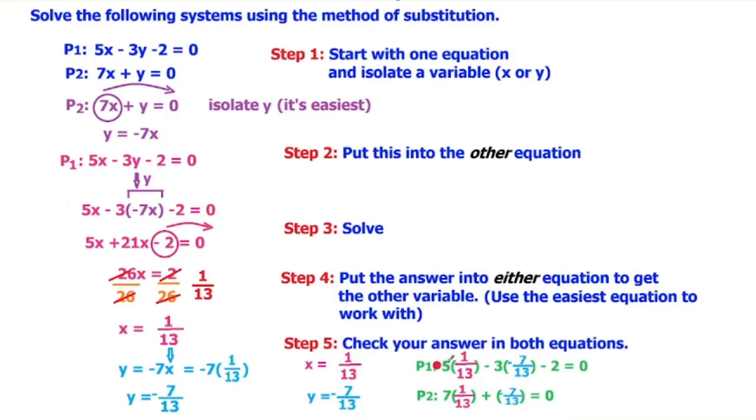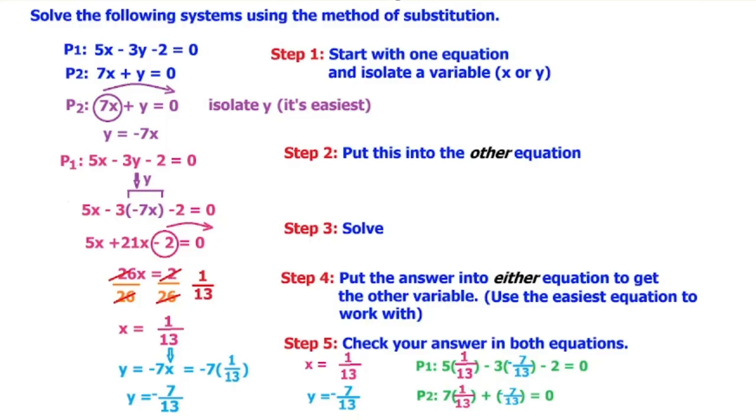Here's P1: 5 times 1 over 13 minus 3 times negative 7 over 13 minus 2 equals 0. And we do the same thing for P2: 7 times 1 over 13 plus negative 7 over 13 equals 0.